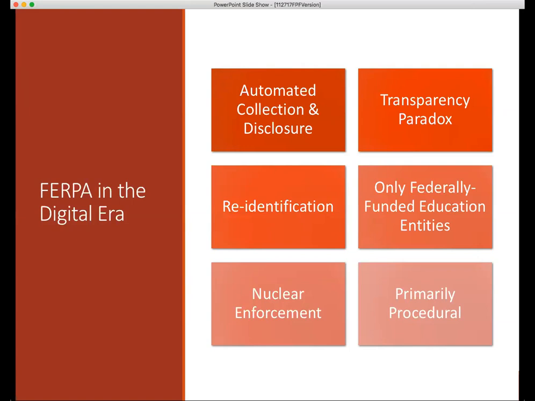So the automated collection and disclosure, which I just discussed, is one of the primary reasons that FERPA and the FIPPs at its core do not work as well as they did in the past, and many see it as not sufficient in today's era.